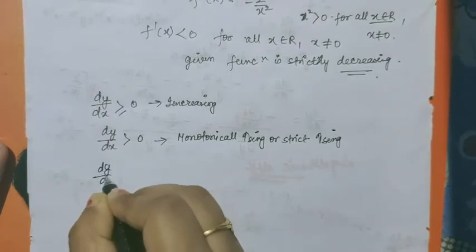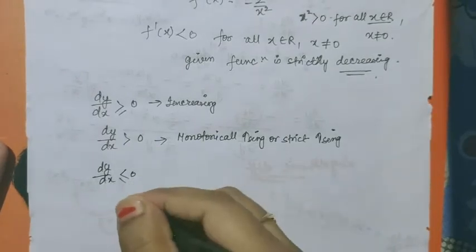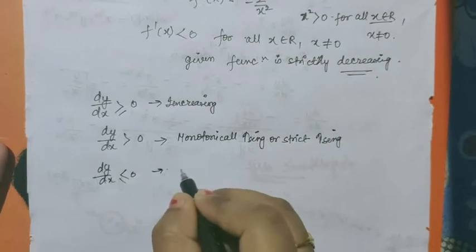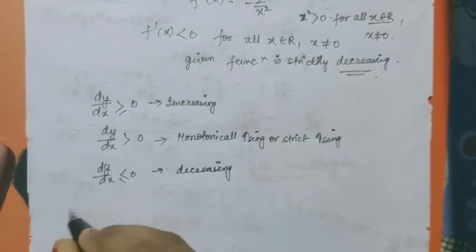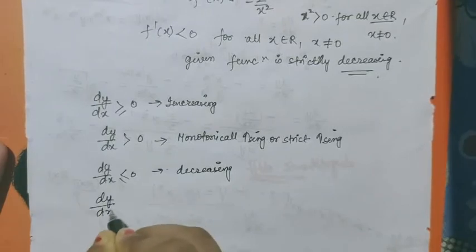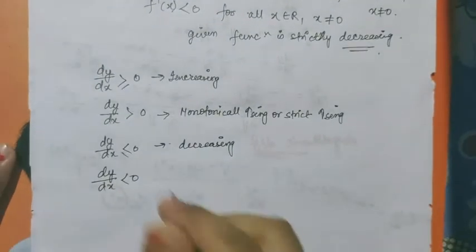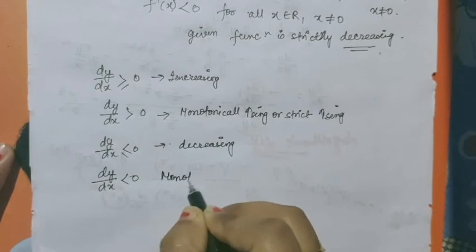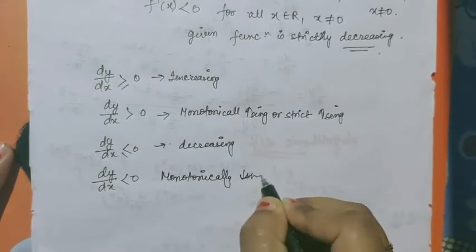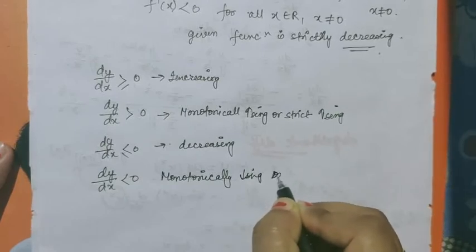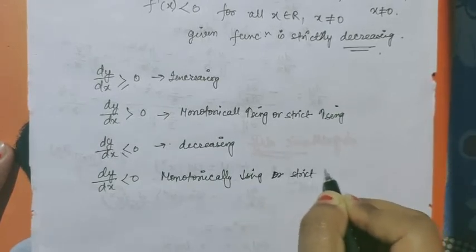Third one, when dy by dx is less than or equal to 0, then the function will be decreasing, and when dy by dx is only less than 0, then function will be monotonically decreasing or strict decreasing.